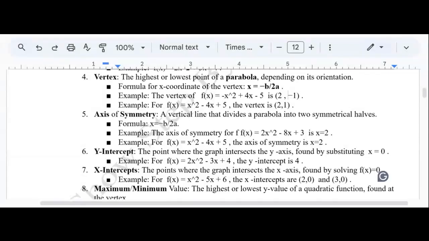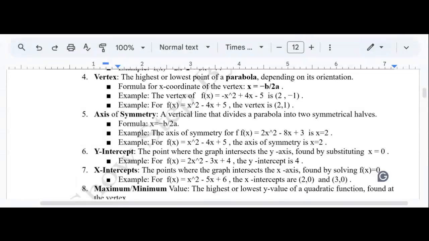Minus 4. What is the formula? Minus b over 2a. How much is b? B is minus 4. How much is a? 2. Cancel, what do you get? 1.